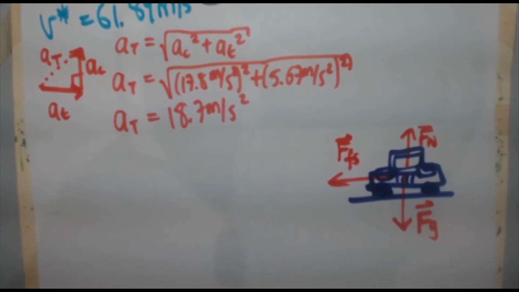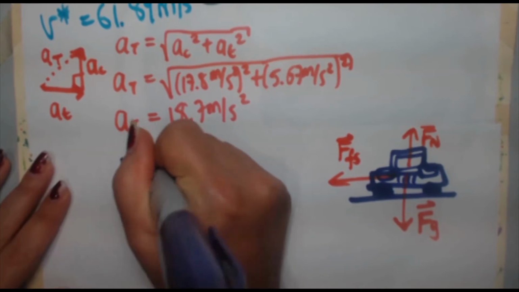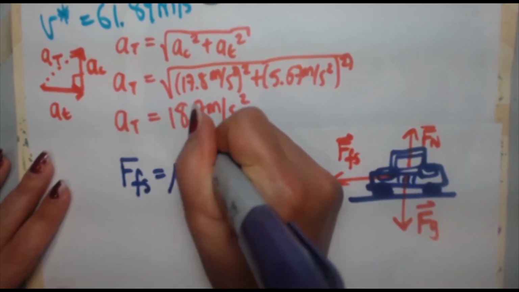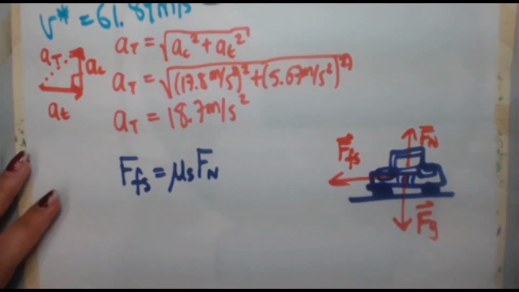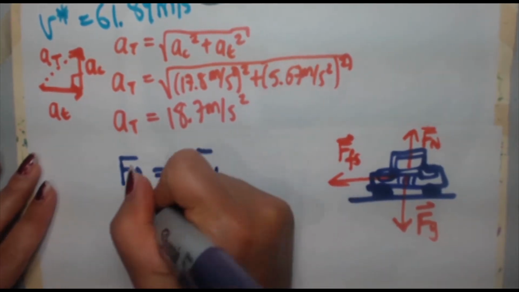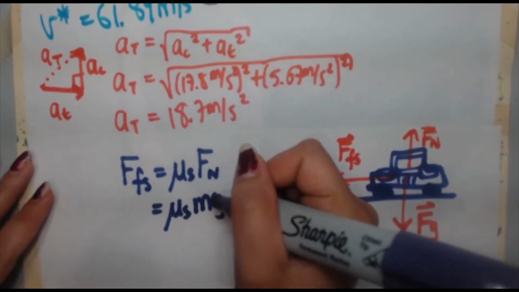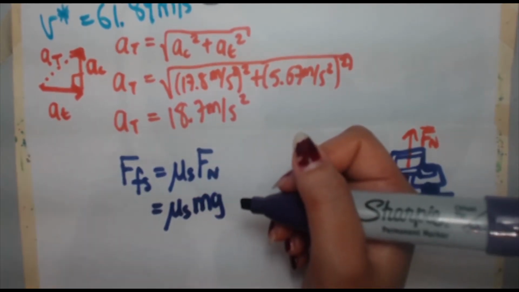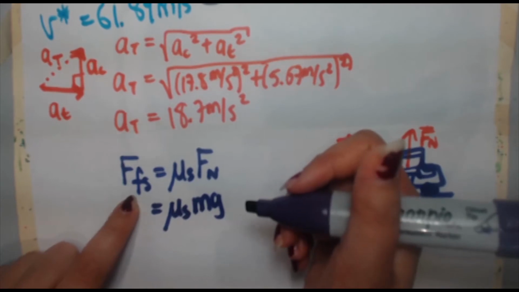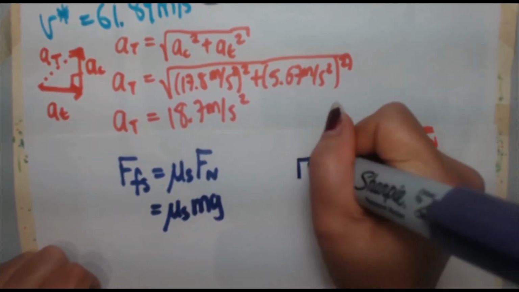So we know that the force of static friction, F_fs, is equal to the coefficient of static friction times the normal force. And in this case, the normal force is equal in magnitude to the gravitational force. So that's equal to mu_s mg, and that's because it's a flat surface. The force of static friction, in this case, is the only centripetal force.